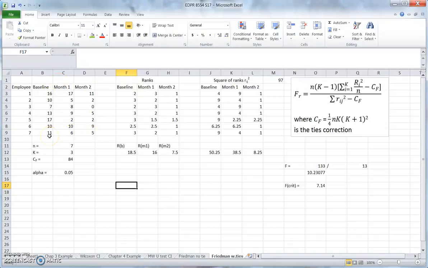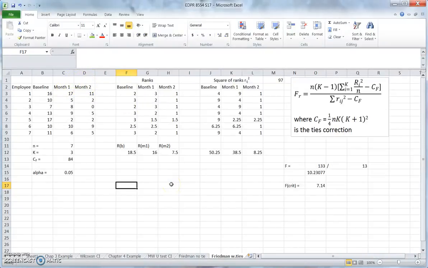But at this point, only looking at this F statistic and its critical value, we cannot tell exactly where the differences lie. So we don't know if it's a difference between baseline and month 1, or between baseline and month 2, or between month 1 and month 2.